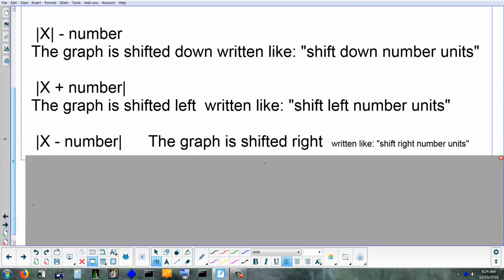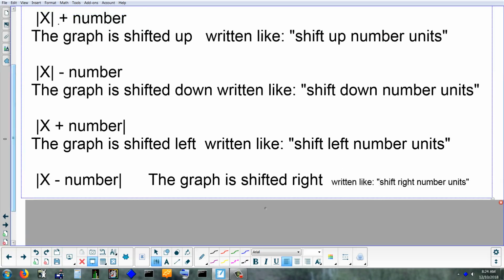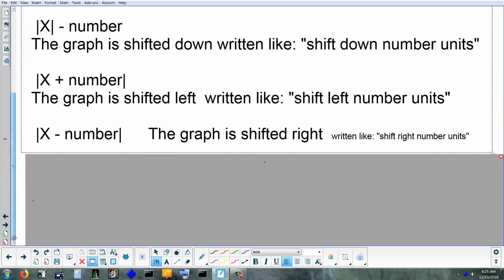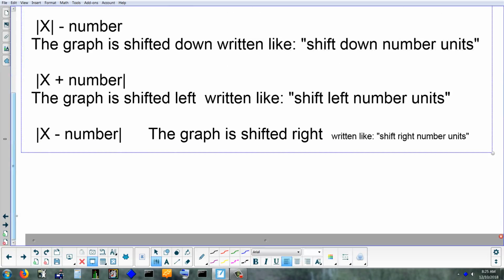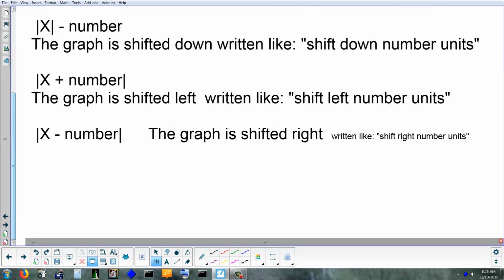You want to look, did you add or subtract? That'll tell you part of what you need to know. And then, did you do it outside or did you do it inside? Knowing those 2 things basically tells you which way it's going to shift. All right. Any questions on that?